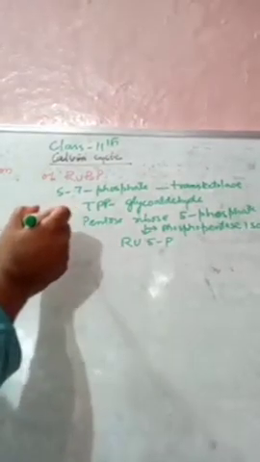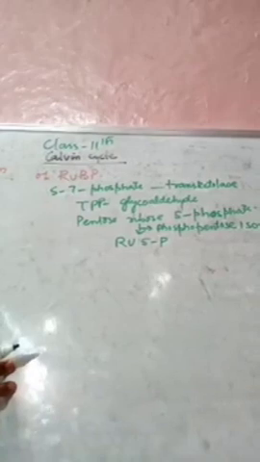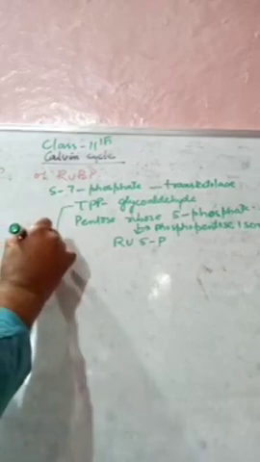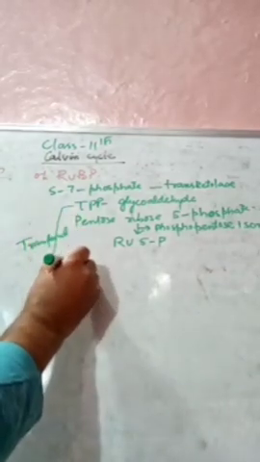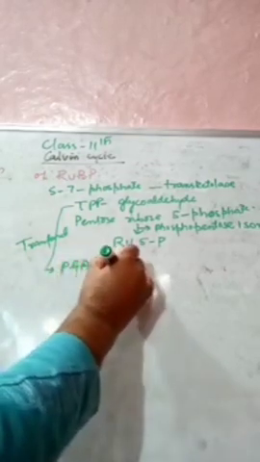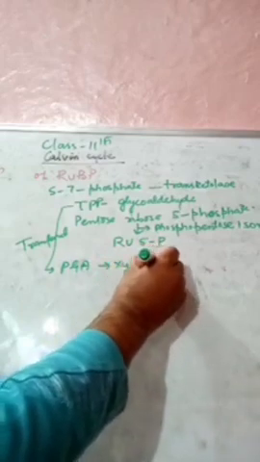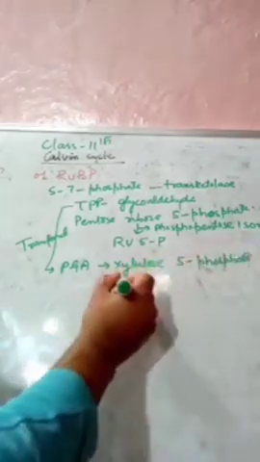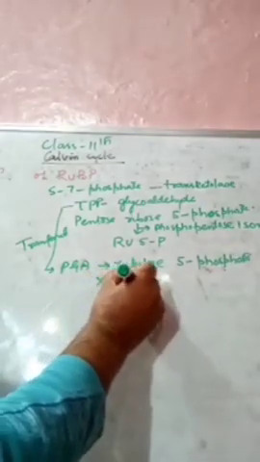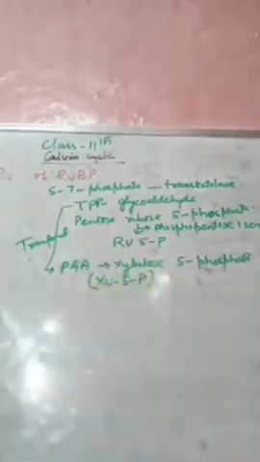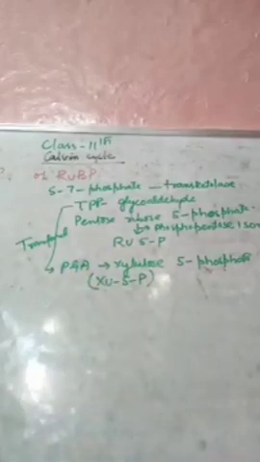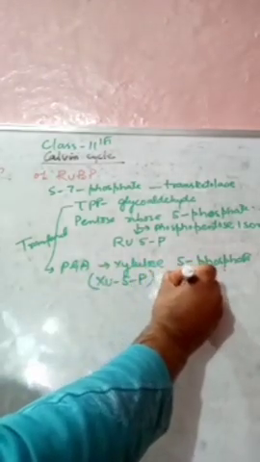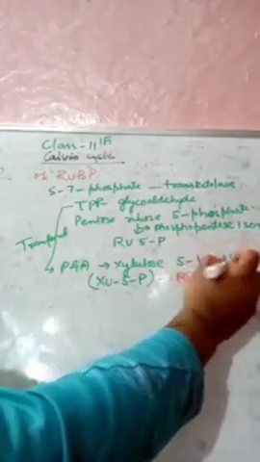This TPP glycoaldehyde is transferred to PGA, forming xylulose 5-phosphate, which is converted into ribulose 5-phosphate.